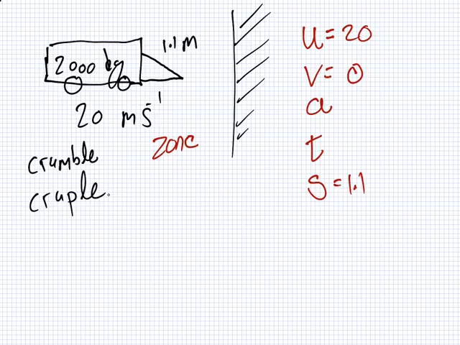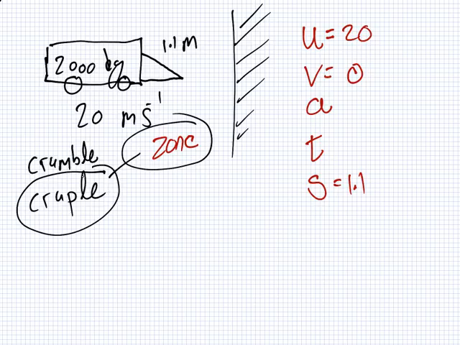Is it with a P? Crumple, C-R-U-M-P-L-E. Yes. It's to crash into something. Okay, great. So crumple zone is the part of the car that gets crumpled from the crash.